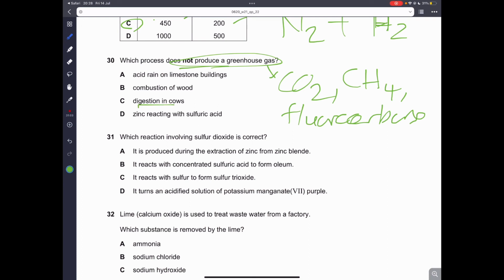Combustion of wood. Remember, wood is an organic compound, so it will produce carbon dioxide. When zinc reacts with sulfuric acid, it's going to produce hydrogen gas and zinc sulfate. So D will produce hydrogen gas, which is not a greenhouse gas, and therefore this is the correct answer.